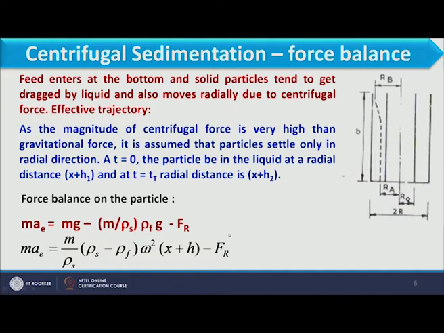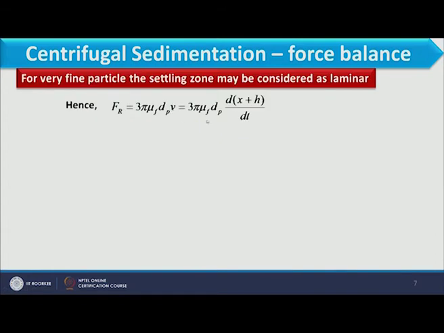Now we have different expressions for Fr, and we can define different conditions for laminar as well as turbulent flow. If the particle is very fine, very small, the settling zone may be considered laminar. In that case, Fr can be defined by this expression, where V is the velocity, which can be replaced by d(x plus h) by dt.